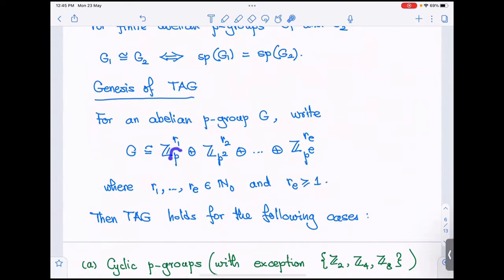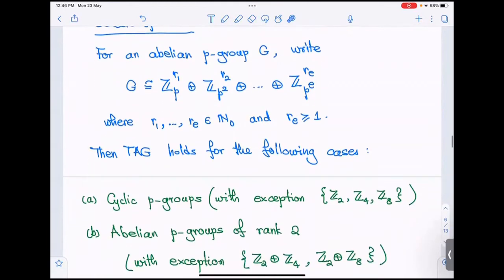Instead of putting powers of P over here, I'll just count copies of Z mod PZ, the cyclic group of order P. So let's say there are R1 many copies of this, R2 many copies of Z mod P square, and so on. So P power E is the exponent of this group. And it might happen, of course, that some of the Ri's are 0. And this one, RE, has to be at least 1. Otherwise, I would just knock it off.